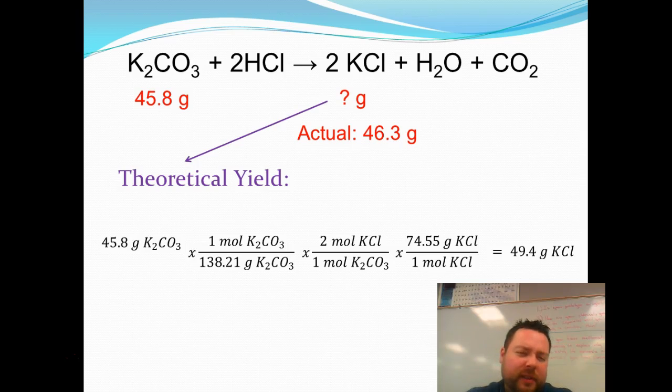Now, some of you are probably already taking a look at this and saying, well, these numbers are not the same. And as I said, very rarely in lab do you actually end up with the theoretical yield. It's usually much less. We'll talk about some situations where it might be more. Okay, so we cancel out our labels to make sure that we have the correct label. Yep, everything else canceled out, so we have grams of potassium chloride.